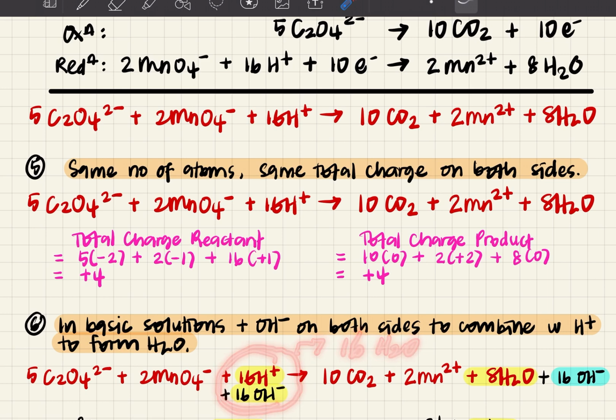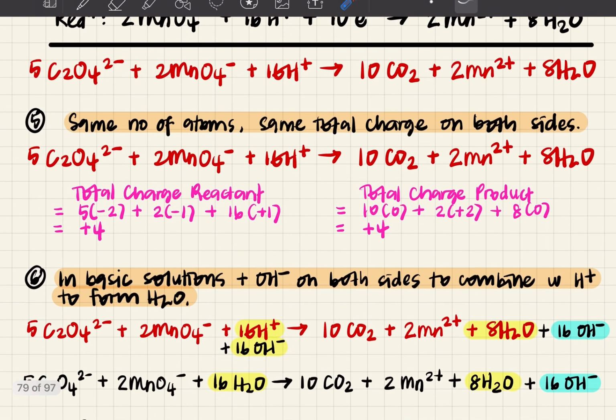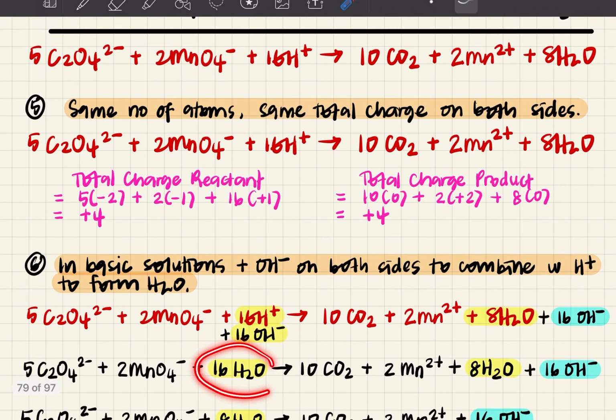Okay, so write that down. Awak dah dapat your 16 H2O molecule. Okay, so now that we have 16 water molecules here and 8 water molecules here, what can we do? We can cancel out. Okay, so kat sini ada 16. Okay, kat sini ada 16.